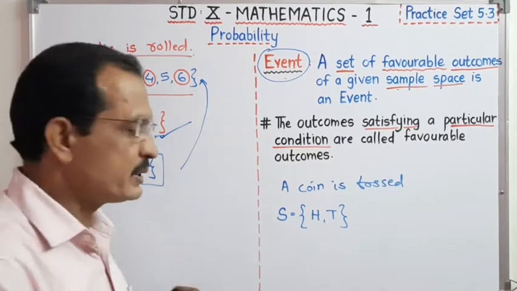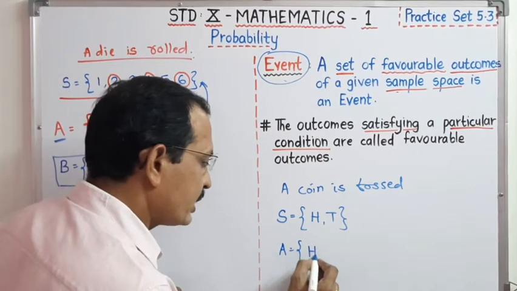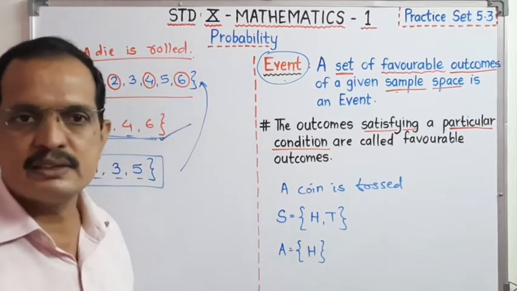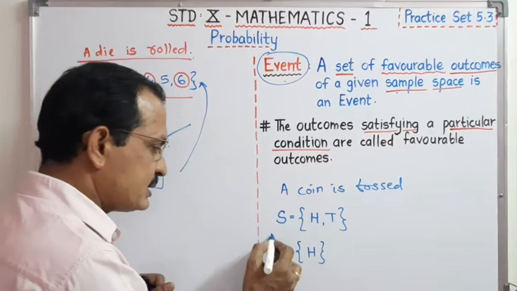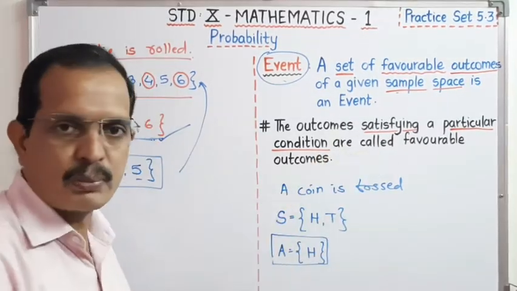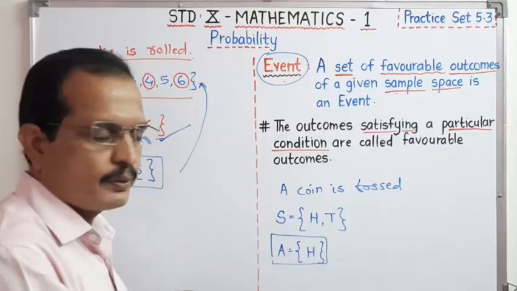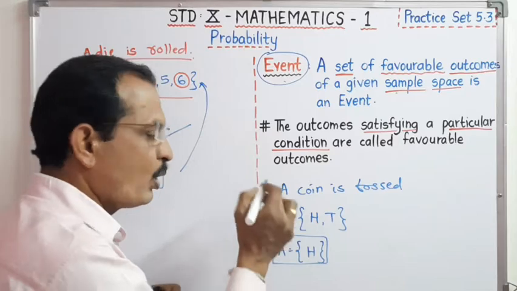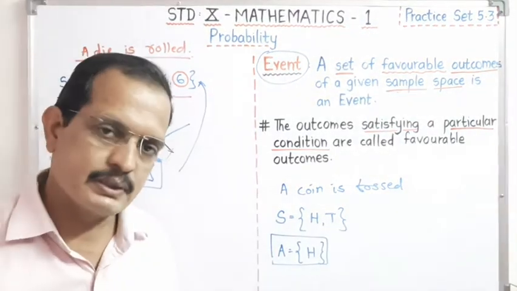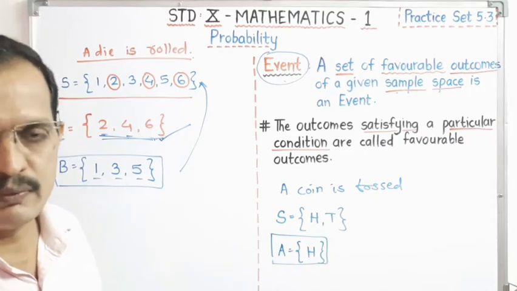Head on upper surface is an event. Therefore we write A, in curly brackets we write H. That means this is an event. Therefore this event satisfies the condition, that is head on the upper surface. Therefore it is known as an event, and this event is a subset of this sample space. Got it? Therefore dear student, this is about the event.